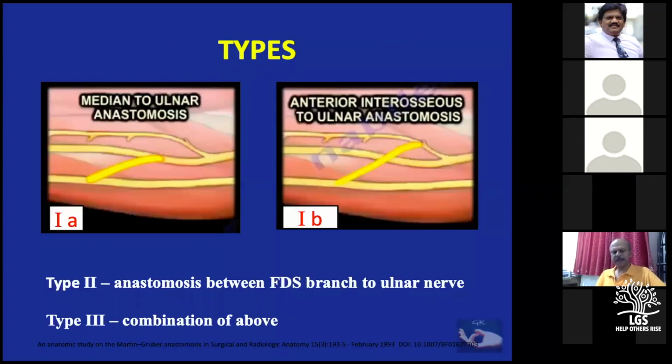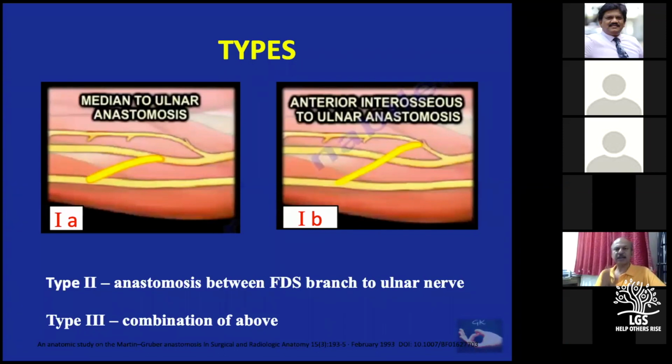Now, the significant point is, sometimes there is an injury to the anterior interosseous nerve, and there is a type 1B Martin-Gruber communication. We know that it is an anterior interosseous nerve palsy, but still we will find some weakness of the intrinsic muscles of the hand, like the palmar and dorsal interosseae.